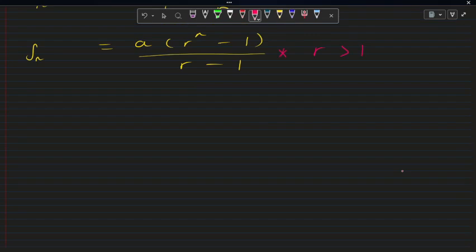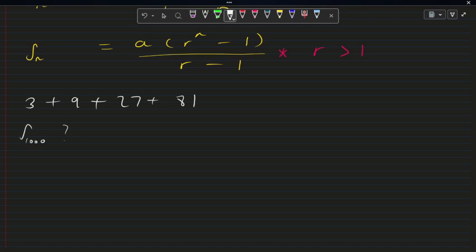Okay, so back to our original problem, or our original question, where we had this situation, and then the question was determine the sum of the first 1,000 terms.